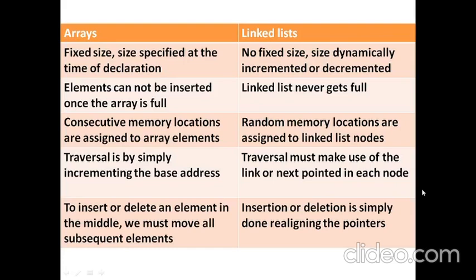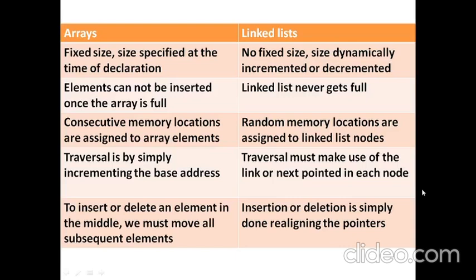The address of the first element is called the base address, and the base address incremented by 1, or precisely incremented by the size of the data type, will point to the next address, and the third element will have a similar address in the same sequence. So if you know the base address, if you increment it by a number, you can go to that particular element. For example, if you want to reach the second element in the list, you just increment the base address by 2. So you can go to that particular element.